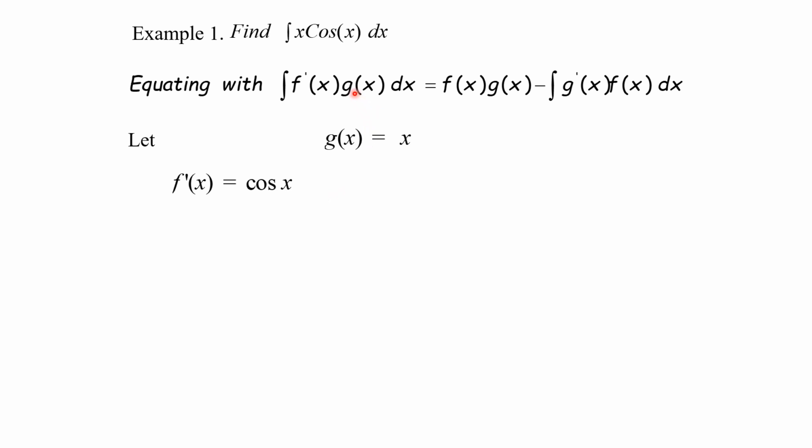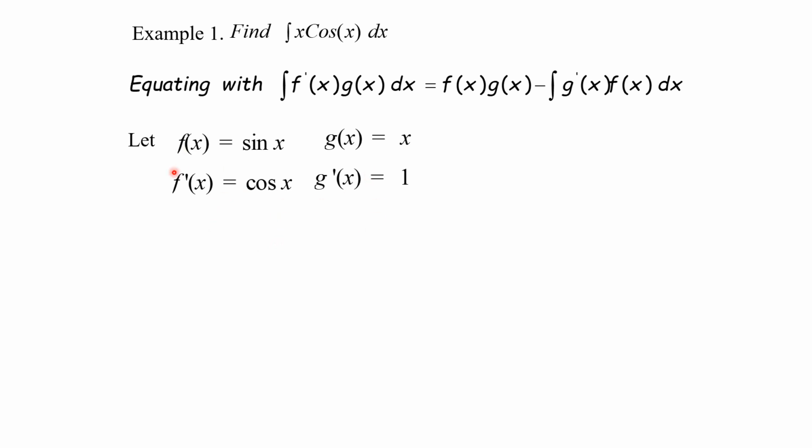Therefore, definitely we will take g(x) as x, simply because when we differentiate g(x), we will get 1, which will simplify the function later when we substitute it into the right hand side of the equation. If we choose g(x) as x, then cos x will be f'(x), and we need to integrate f'(x) in order to identify f(x). Integrating cos x gives you sin x.